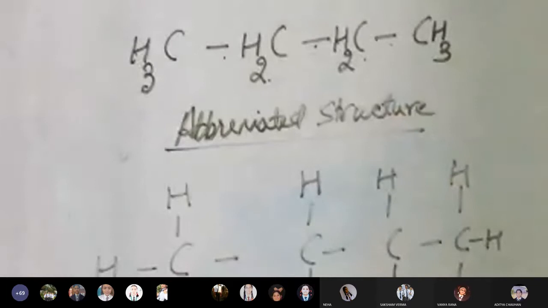This structure is known as the structural formula. Now the interesting part is this. In the paper they can ask you to write the carbon skeleton structure, the abbreviated structure, or the structural formula. If you switch any of the structures, say they have asked you for the abbreviated structure and you draw this, your marks are 0.